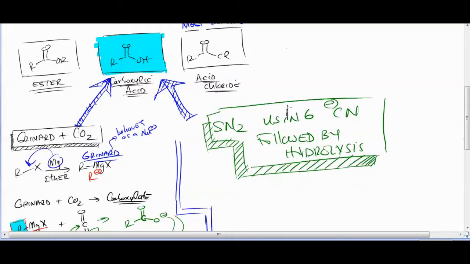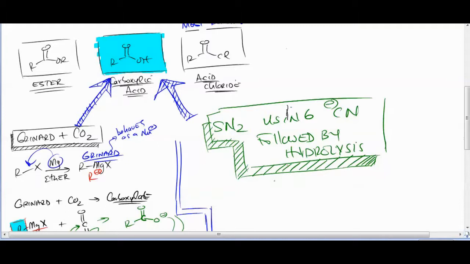If we're doing hydrolysis, we must start off with some carboxylic acid derivative. And in this case, it's going to be a nitrile. So remember, we had acid halide, anhydride, carboxylic acid, ester, amide, and then nitrile. The cyano group is going to generate that nitrile, and then we're going to follow with a hydrolysis.